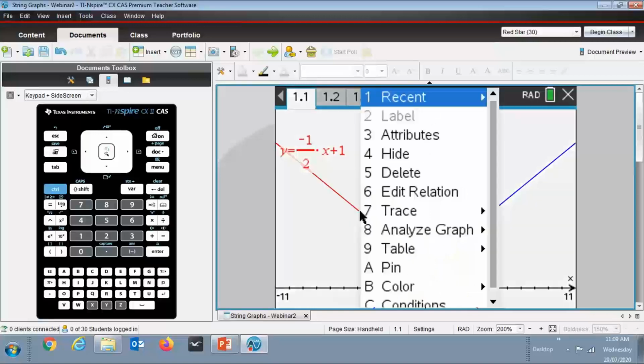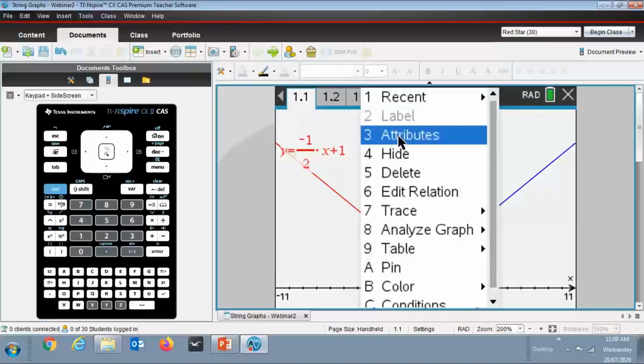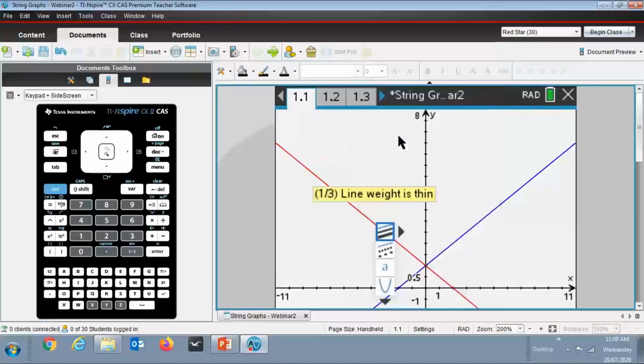When you press Control Menu, you go to Attributes, and you notice that the first one is talking about the line weight. We're going to leave that as it is, but press the down arrow key. You can see that lit up on the screen over there. And then go to the right, because we don't want it to be continuous. We want it to be dotted. And now press enter, and that's now a dotted graph.